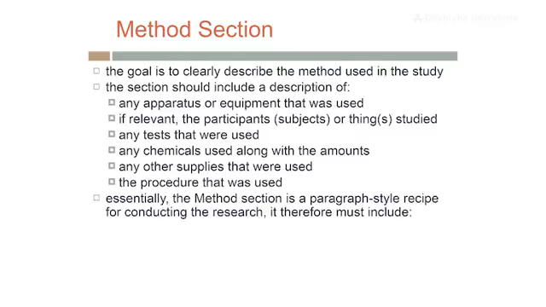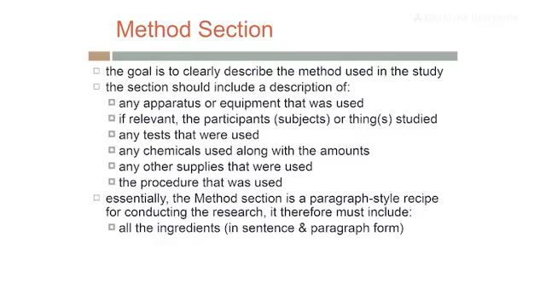So make sure that your method section provides, in paragraph style, this is written form, paragraphs made up of sentences, so topic sentence, supporting sentences, conclusions. So paragraphs that present the recipe for conducting the research. Okay? So it needs all the ingredients, and that again has to be in sentence and paragraph form. It should not just be a list.